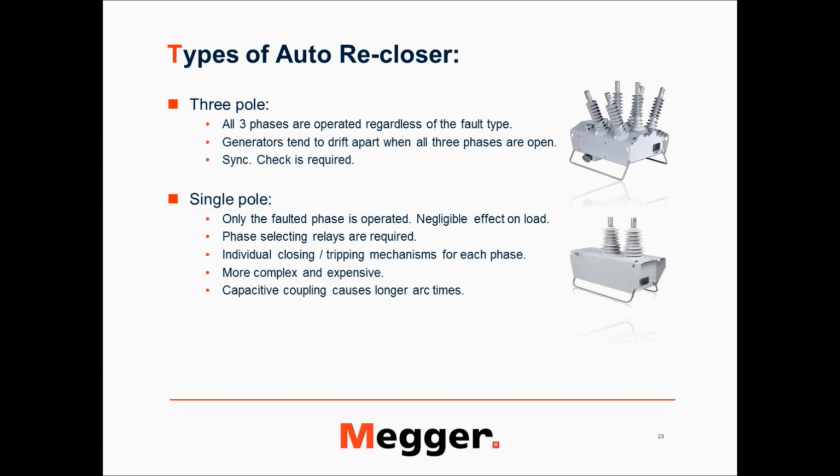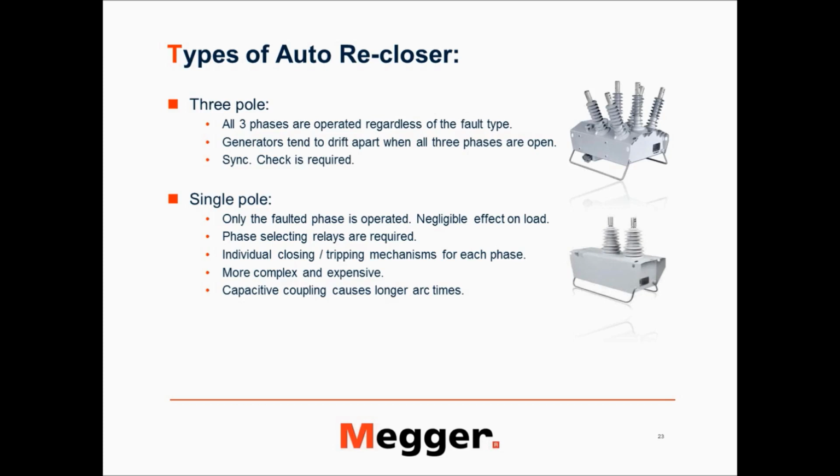So what happens when you open all three phases at the same time? There's a fair chance that the generators get a sudden release of load, and then generators tend to drift apart a little bit when all the phases open.